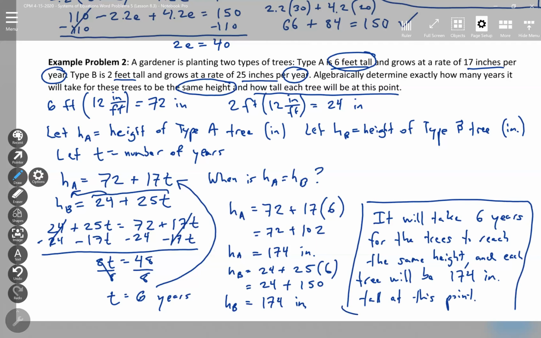So that's our answer for example problem 2, and we're done.